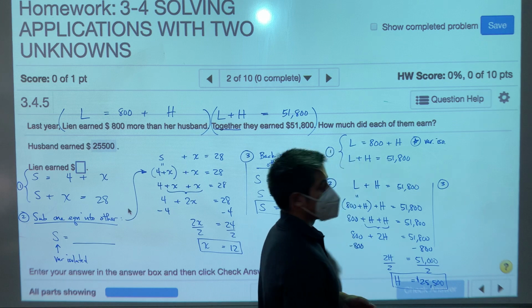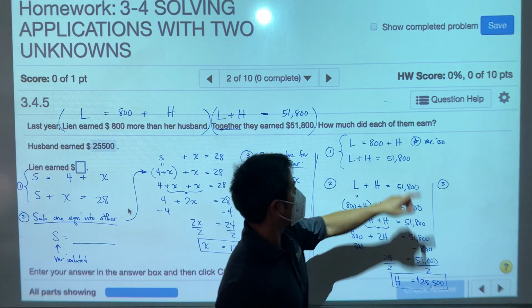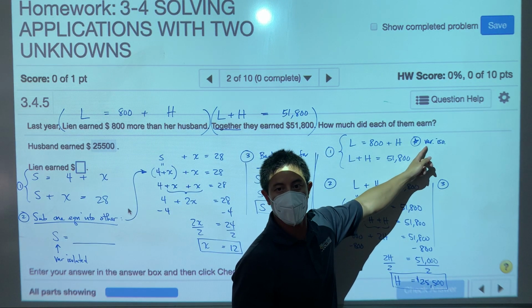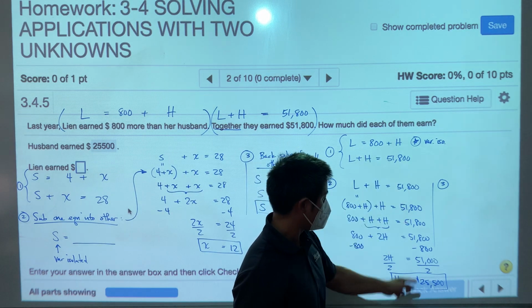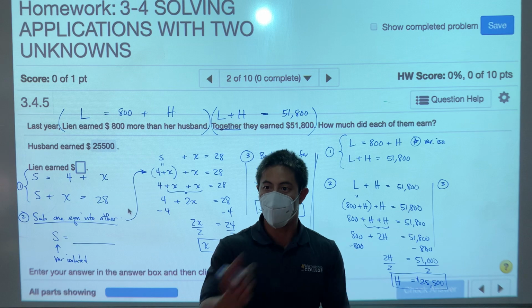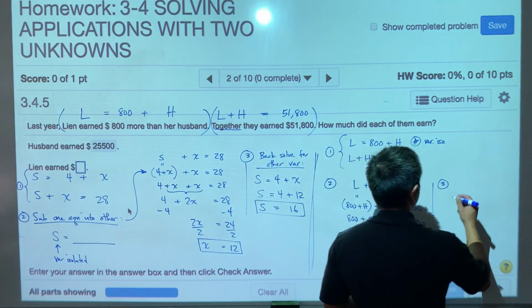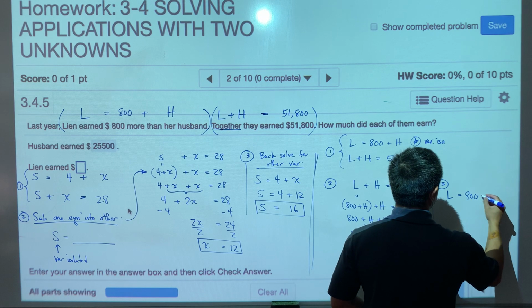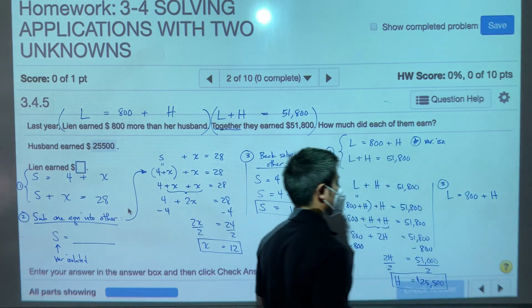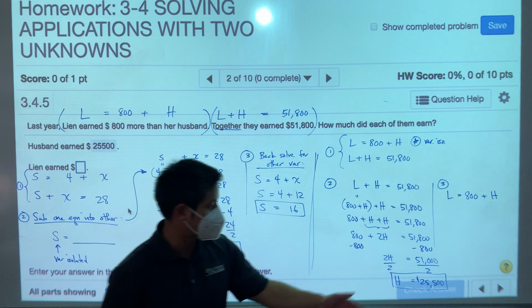Well, easy way to know how to back solve, whichever equation is the one with the variable isolated is usually going to be the one that you use to plug this value into. So you're going to flip-flop and go to the other one. So I'll know what Lean's salary is by taking 800 and adding it to the husband's salary, which we just determined.